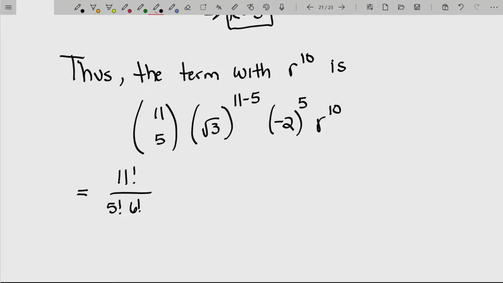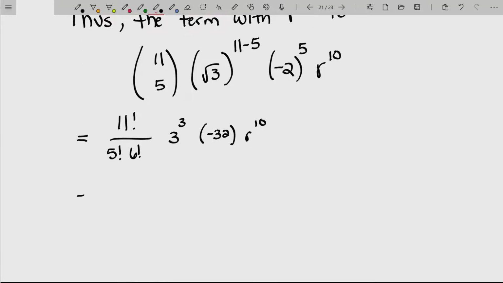I have root 3 to the 6th, or in other words, 3 to the 6 over 2, or 3 to the 3rd, because obviously 11 minus 5 is 6, and root 3 is 3 to the 1/2, so 1/2 of that 6 is 3. And then negative 2 to the 5th is negative 32, and then we have r to the 10th.